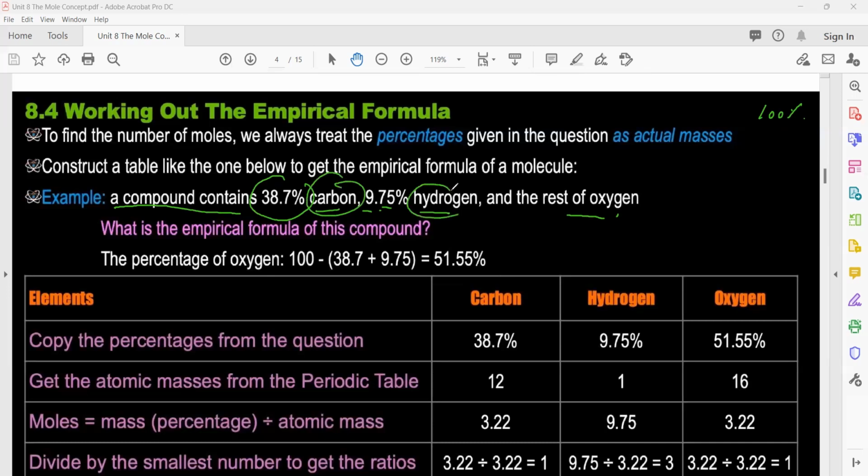Carbon, hydrogen, oxygen. So you write here carbon, hydrogen, oxygen. Now, what is the percentage they have given here? 38.7 for what? Carbon. Hydrogen is 9.75. And they said the rest is oxygen. How will you find the rest? You will add these two and subtract it from 100. For example, here you can see this one.